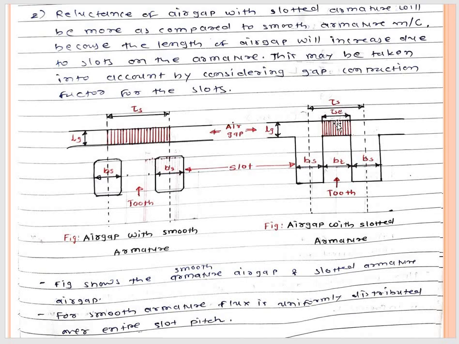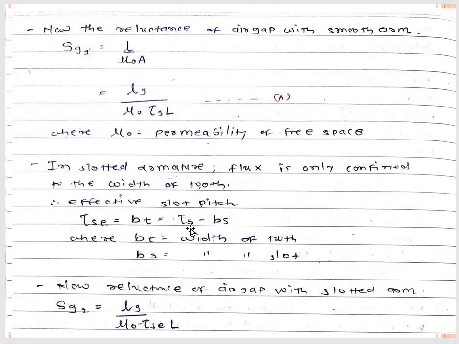Bs by 2 on each side will give us tau s minus Bs. So this is the length of Bt, the width of tooth.